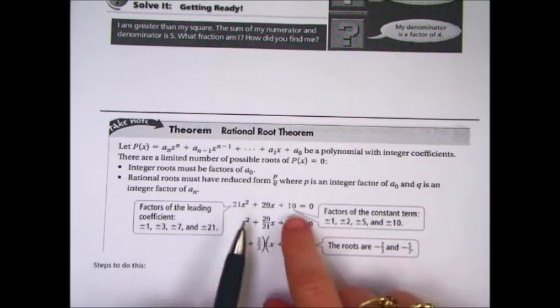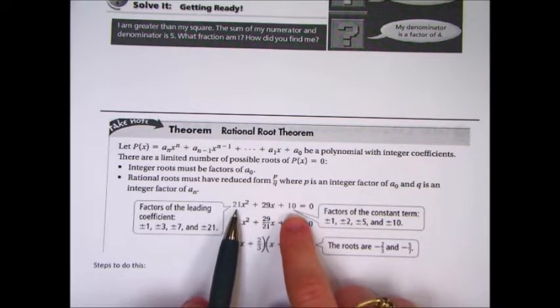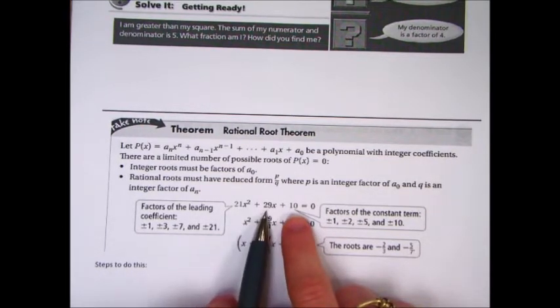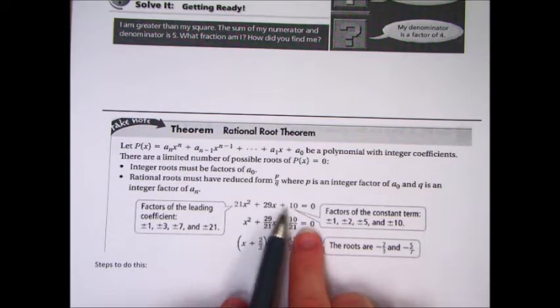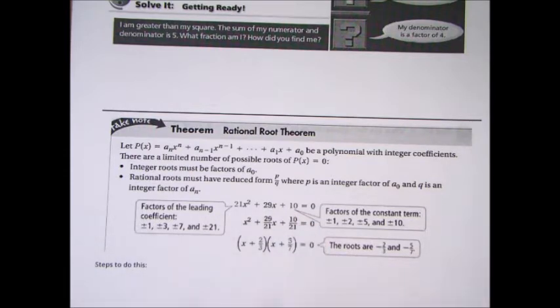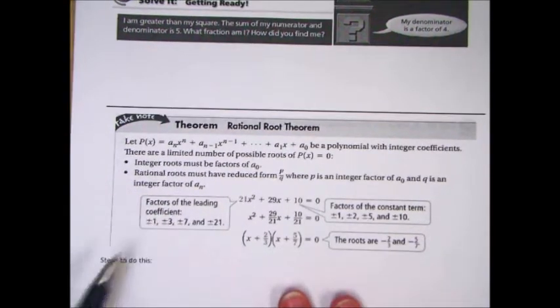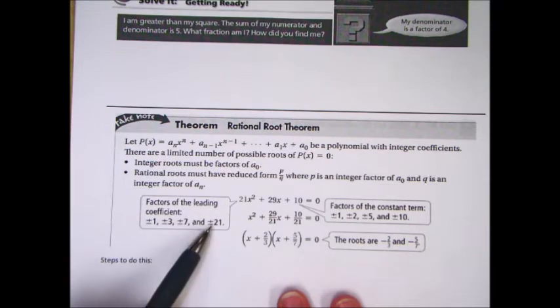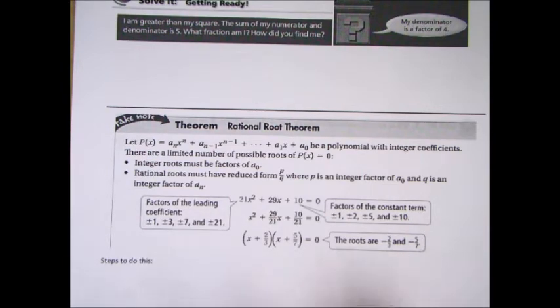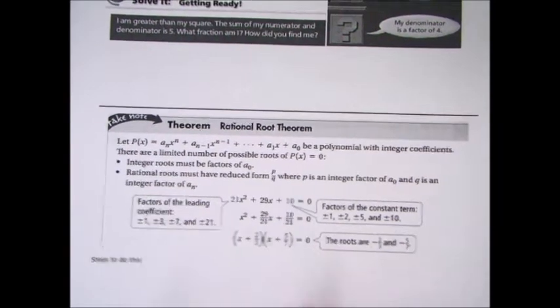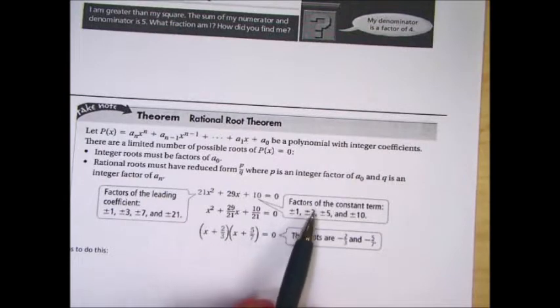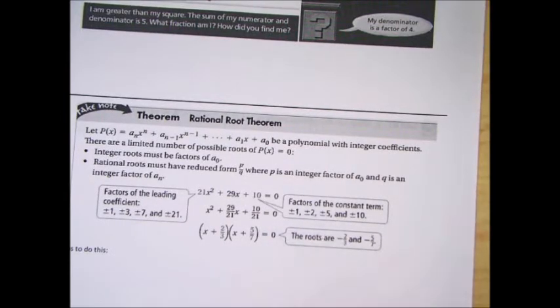Let's say you're given this general equation, 21x squared plus 29x plus 10. How do you use the rational root theorem? You think of all the factors of 21: plus and minus 1, plus and minus 3, plus and minus 7, plus and minus 21. Then you think of all the factors of 10: plus and minus 1, plus and minus 2, plus or minus 5, plus or minus 10.